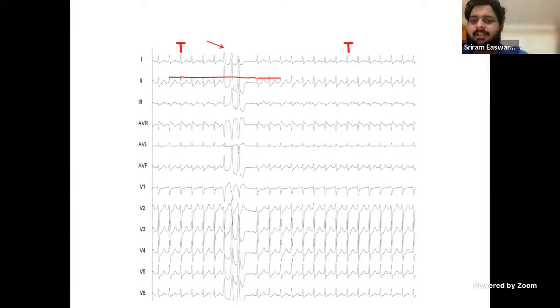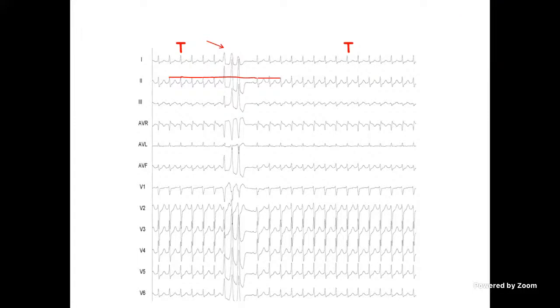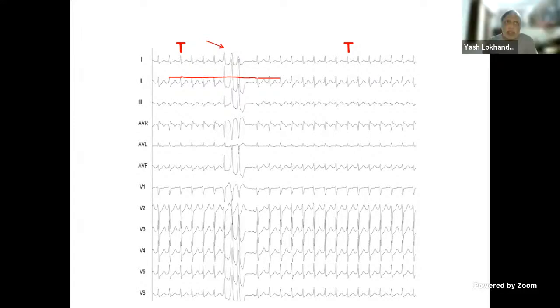Actually, any type of supraventricular tachycardia can terminate with 3 ventricular premature beats. Remember, with a single premature beat, if it terminates, which is most likely? We have written a paper in the Annals of Non-Invasive Cardiology, you should read that: a single ventricular premature beat terminating SVT. But which is most likely?